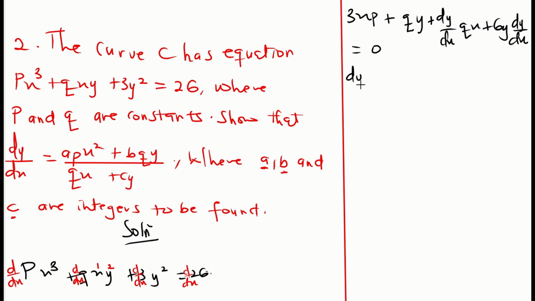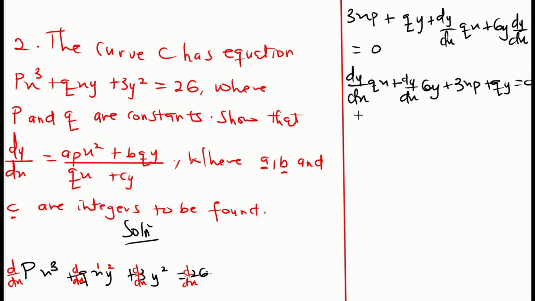Now from here, let's put the terms that contain the dy/dx together. Here we are going to have dy/dx of qx plus dy/dx of 6y. Let's take it step by step. So this is going to be equal to 3xp plus my qy is equal to 0.